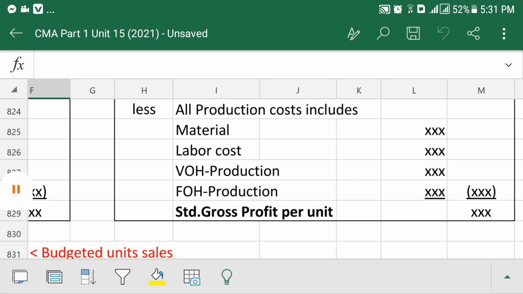So you will use the same price rate variance, but we will calculate it for each product separately. Price variance is actual units sold into actual price, minus actual units sold into standard price, and then you will get the variance.